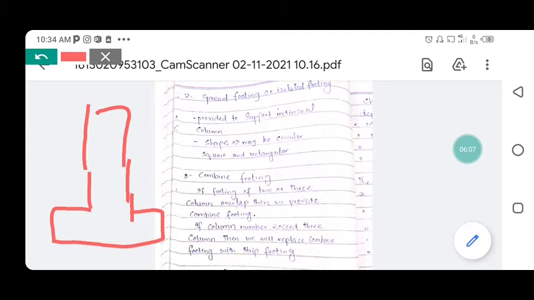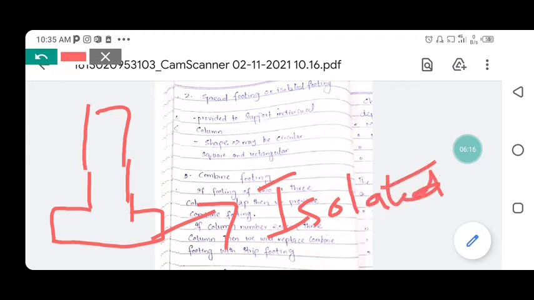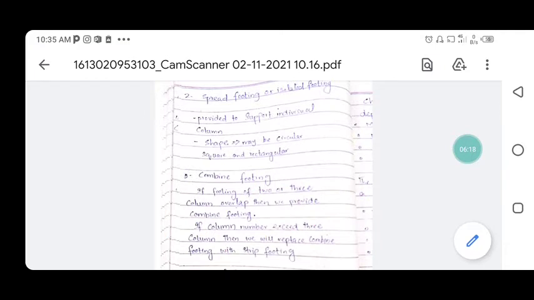Okay, so this is an isolated footing, provided to support an individual column. Shape may be circular, square or rectangle. It depends on our type of loading and our architectural design requirements.